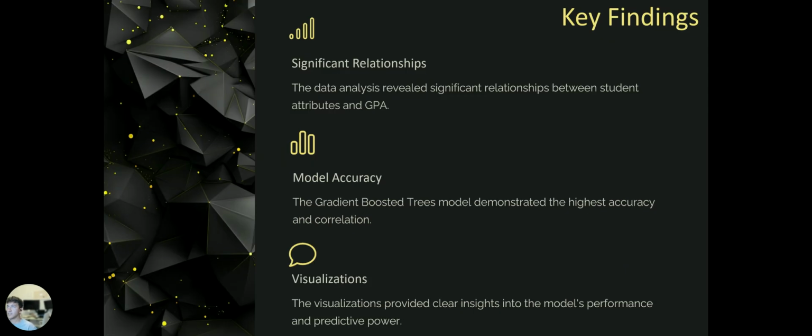The data analysis revealed significant relationships between the student attributes and GPA. Things like absences and parental involvement greatly enhanced the GPA when they were all the way to the right, and negatively impacted it all the way to the left. The gradient boosted trees model demonstrated the highest accuracy among all the models.